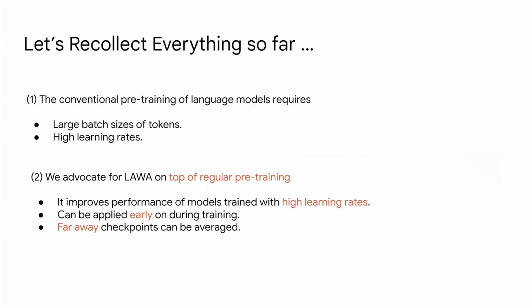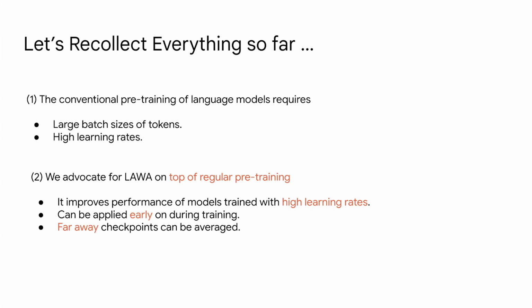Okay, so let's take a breath here and see what we have just discussed. The conventional pre-training recipe requires larger batch sizes, which typically implies high learning rates. Since you already have to use a high learning rate, LAWA, which is latest weight averaging, this specific form of averaging technique which we are discussing, will anyway help you in your standard pre-training run.